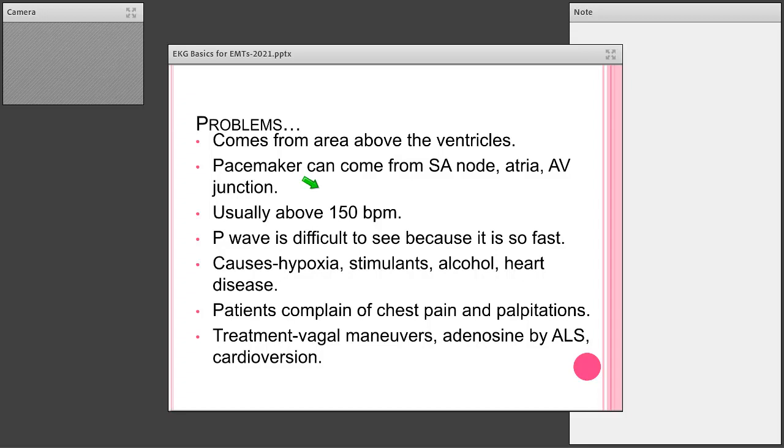If the medication doesn't work, then the patient will get some electricity, and neither the medication nor the electricity in the form of cardioversion feels good.